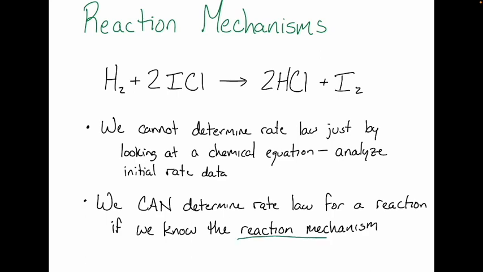All right, so this last topic is on reaction mechanisms. Why do we care about them? Why are we studying them here in this kinetics chapter? Because we can actually figure out what a rate law is for a chemical reaction if we know that reaction's reaction mechanism. Okay? So what the heck do I mean by that?